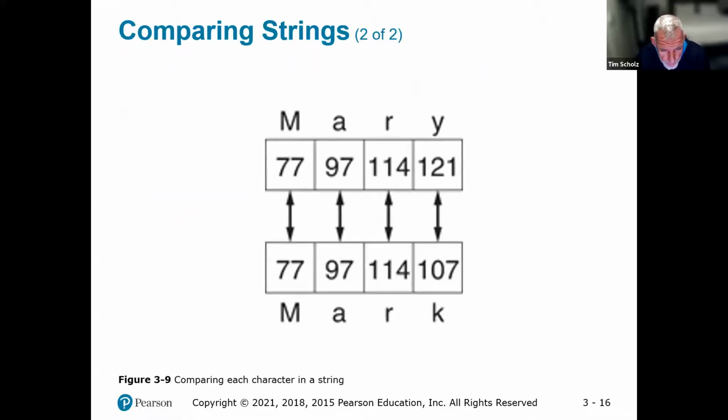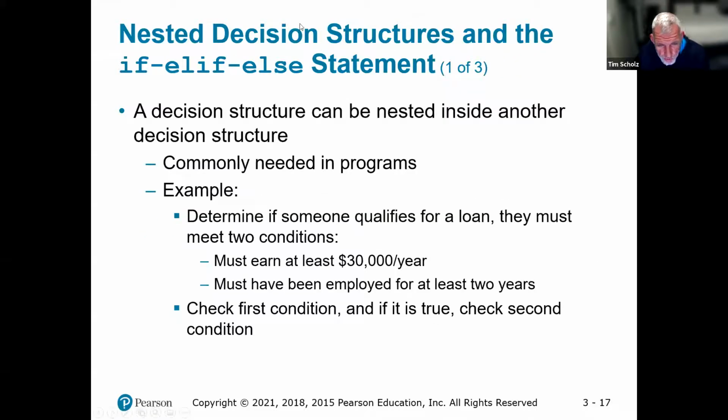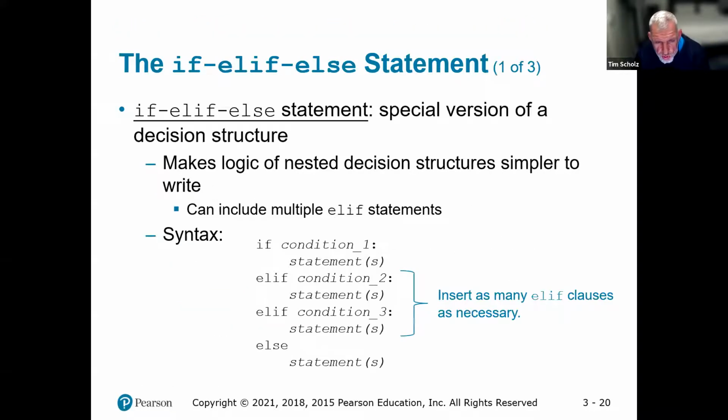So note, when we're talking about nested decision structures, nested decision structures are if this, then if this, else. Whereas you have another decision structure called the if elif else. This basically allows you to have multiple if statements that you can go through and check for things.